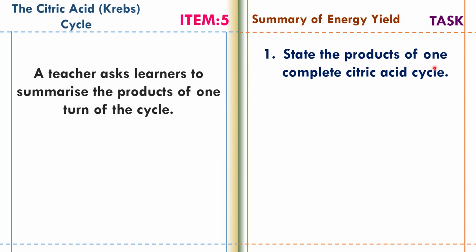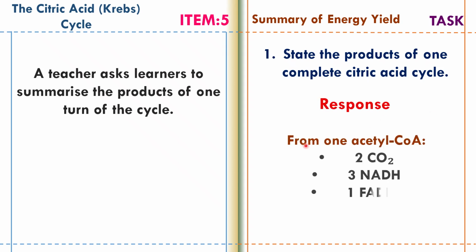State the products of 1 complete citric acid cycle. From 1 acetyl-CoA, we get 2 molecules of carbon dioxide, 3 molecules of NADH, 1 molecule of FADH₂, and 1 ATP or GTP.